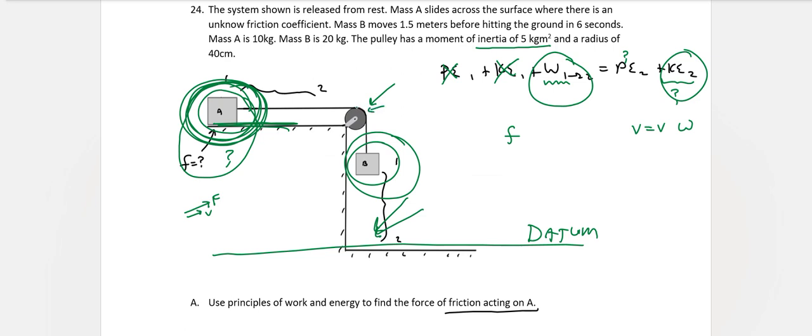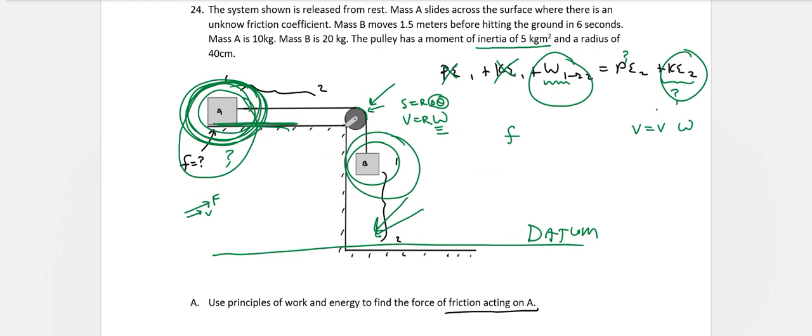As this spot moves around, there's a distance S, which is equal to R times the change in theta. And if you divide by time, the S, which is a distance, becomes a V, a speed. And the change in theta over the change in time is what we call the angular velocity. So that's going to allow you to solve for this and sub it into that KE2 term, and that'll get rid of the angular speed.